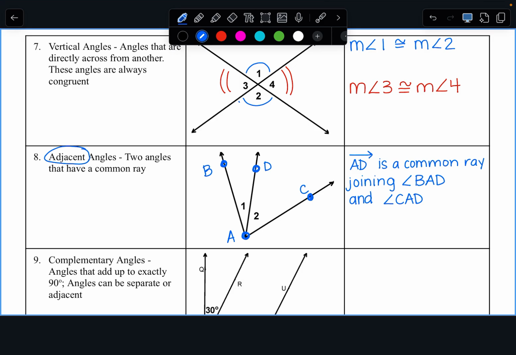Sorry about that. Because this one is joining BAD and CAD. Those are adjacent angles because they're touching, they're right next to one another. Okay?